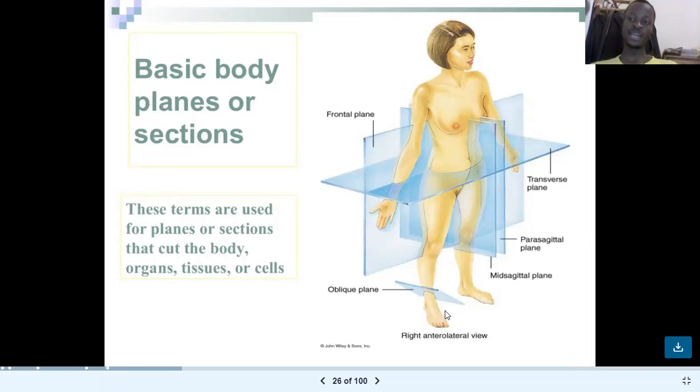For the purposes of learning basic anatomy, you refer to these three planes: the transverse plane, the mid-sagittal plane, and the coronal plane. If you look at the head region, the skull in particular, you're going to find the sagittal suture in that region, which is going to be dissected by the mid-sagittal plane. You're going to have the coronal suture in this direction as well, right?